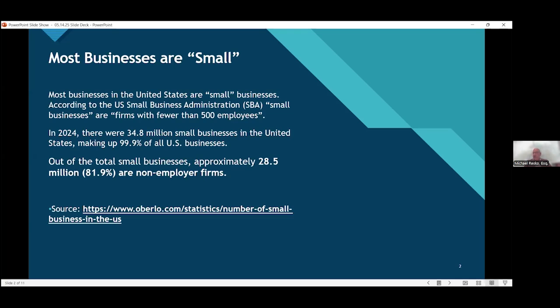And for most of these non-employer businesses, the transferable value of these businesses is not really transferable. It's not fungible. Think about if you are an attorney who's practicing as a solo. Where is the value in your practice if you were trying to sell it?